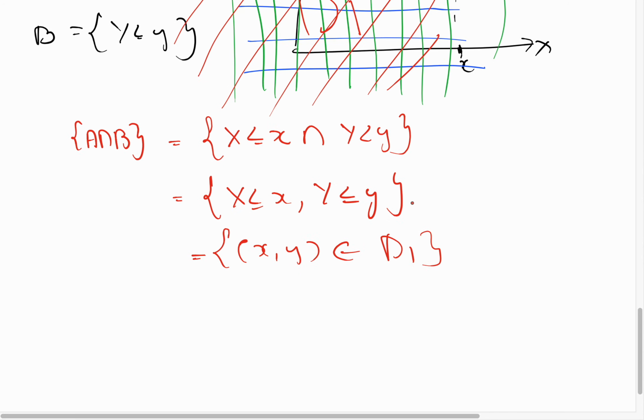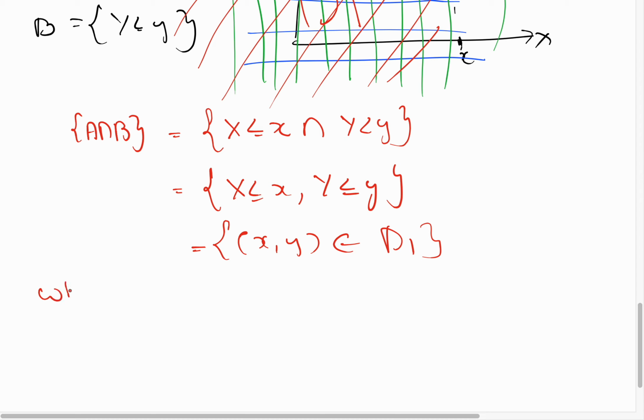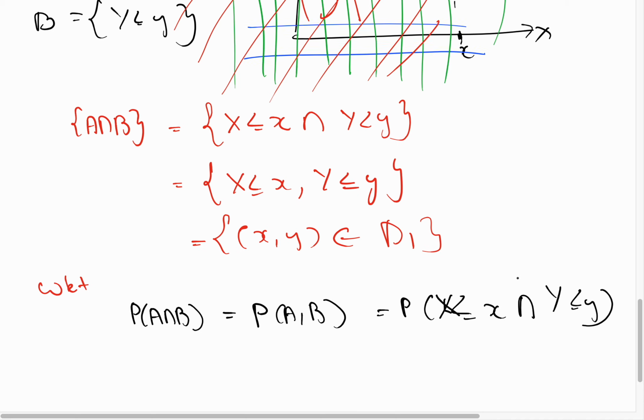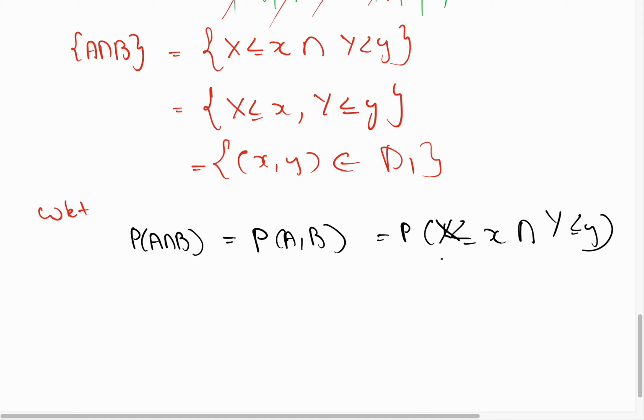At this point, what do we know? Let me quickly switch to the black color. P of A intersection B is equal to P of A comma B, which we simply write as the probability of X less than x intersection Y less than y, where x and y are the values taken by the random variables X and Y, which is equal to the probability of X less than x comma Y less than y.